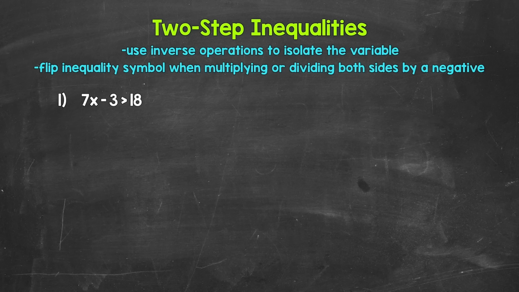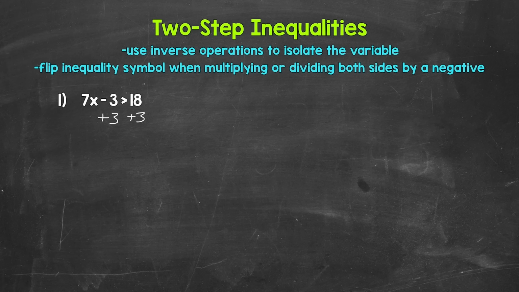So we need to undo the subtraction first and then the multiplication here. The inverse operation of subtraction is addition, so add 3 to the left side of the inequality. Whatever we do to one side of an inequality, we must do to the other in order to keep it balanced. So add 3 to the right side as well.